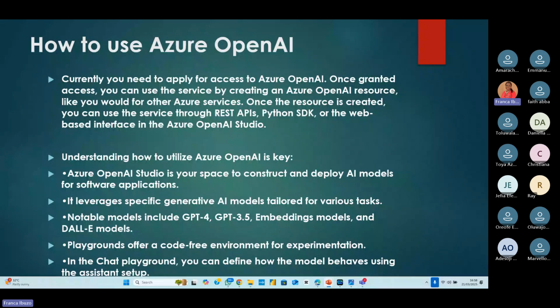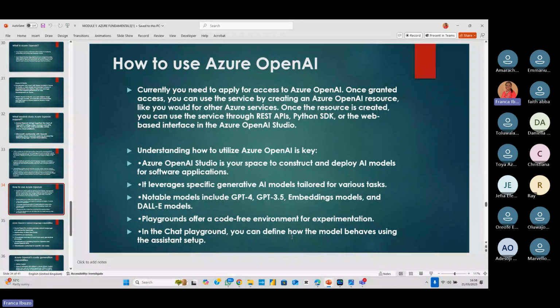Okay, let's look at how to use Azure OpenAI.